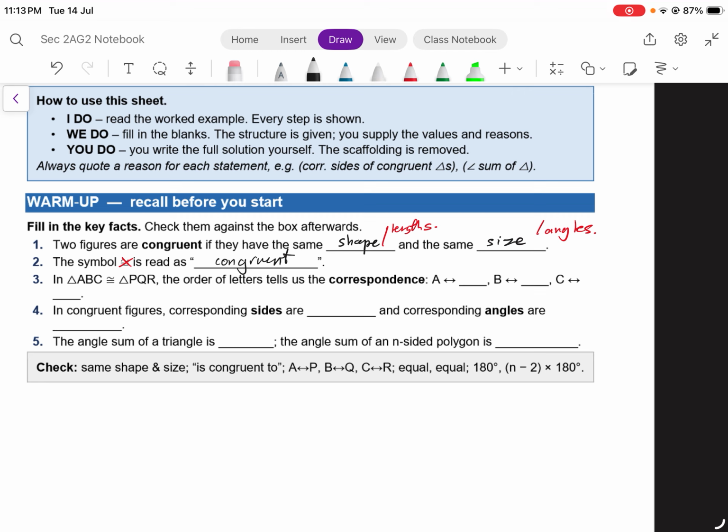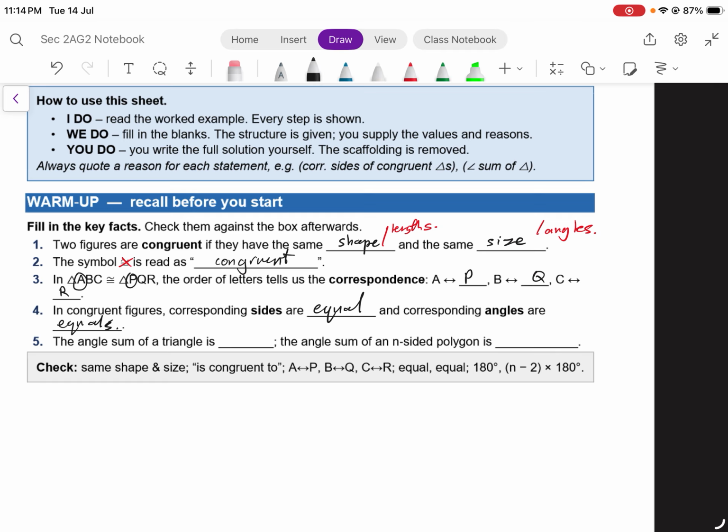Okay, so if they are congruent and the triangle is corresponding to another triangle, usually the alphabets are following the same order. So A corresponds to P, B is to Q, C is to R. So in congruent figures, congruent sides are equal, and so are the angles.